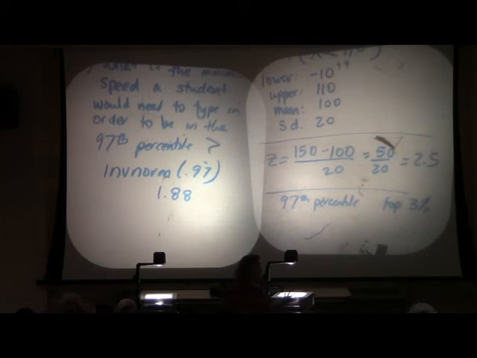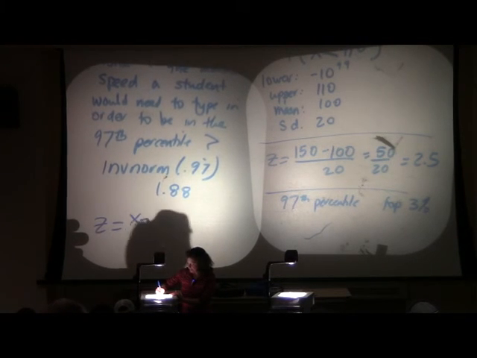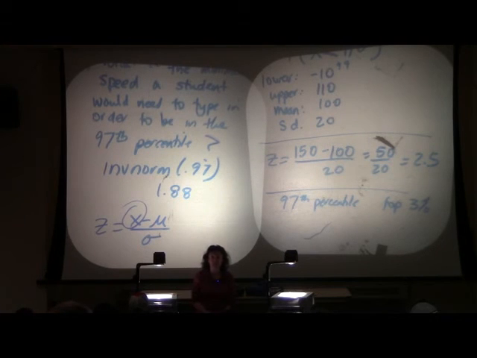Okay, clearly it's not 1.88 words per minute. That's more like my speed. Okay? So, what we have found is our z-score. We now need to use that lovely little formula in order to find our corresponding x value. Are you ready to do that?